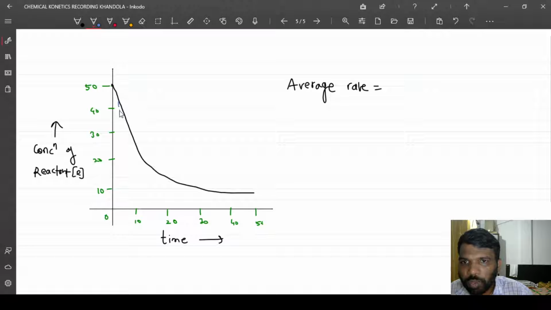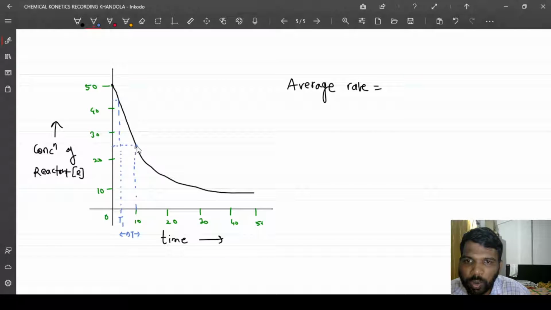This is one of the times, let's say t1, and after some time this is another time. This difference is a delta t, and respectively there is a change in concentration.